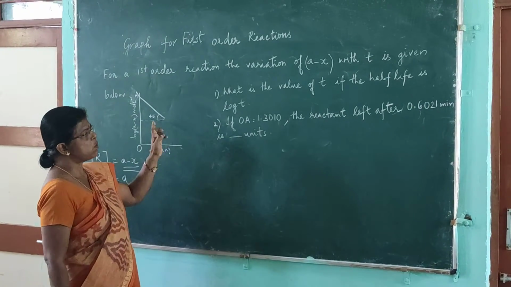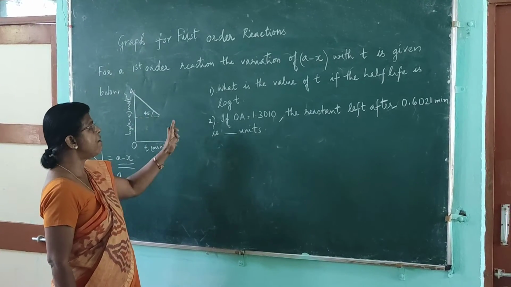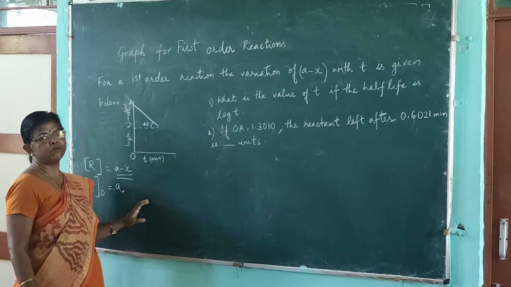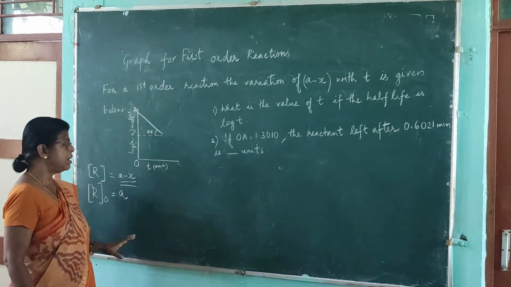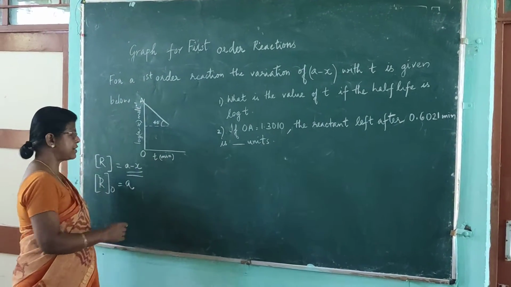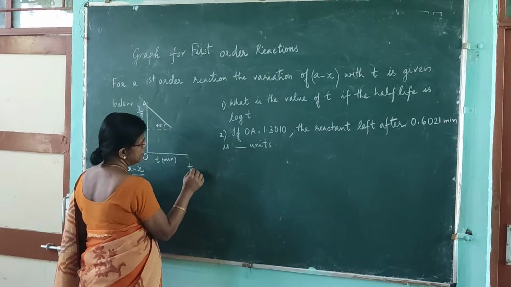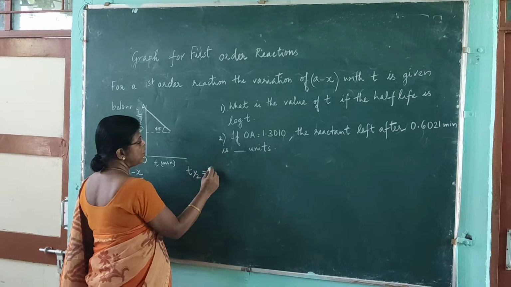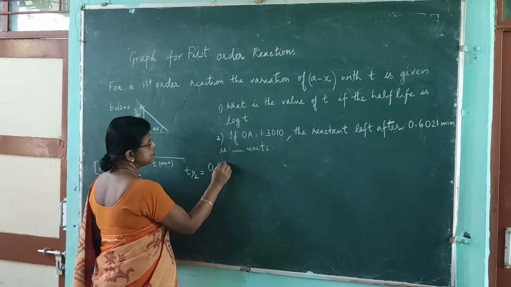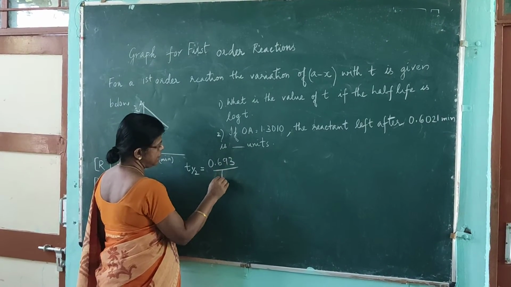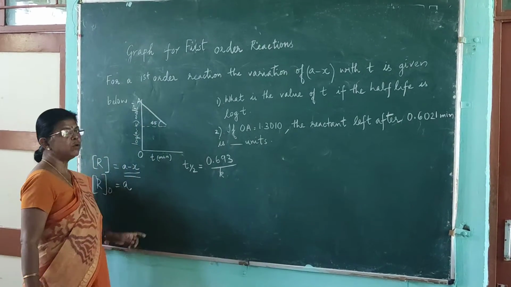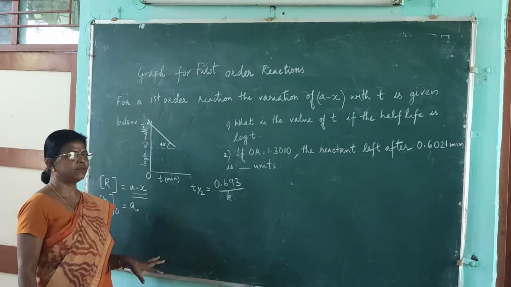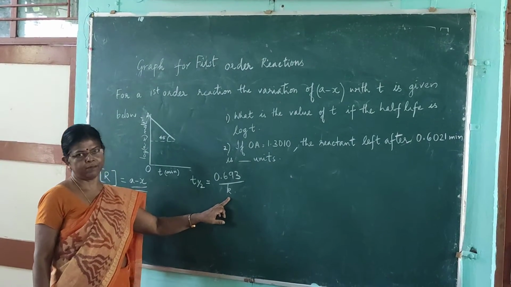Now the question is, what is the value of T if the half-life is log T? What is the expression for half-life? Half-life for a first order reaction is 0.693 by K. So you should get K from this graph, because K is the only unknown here.